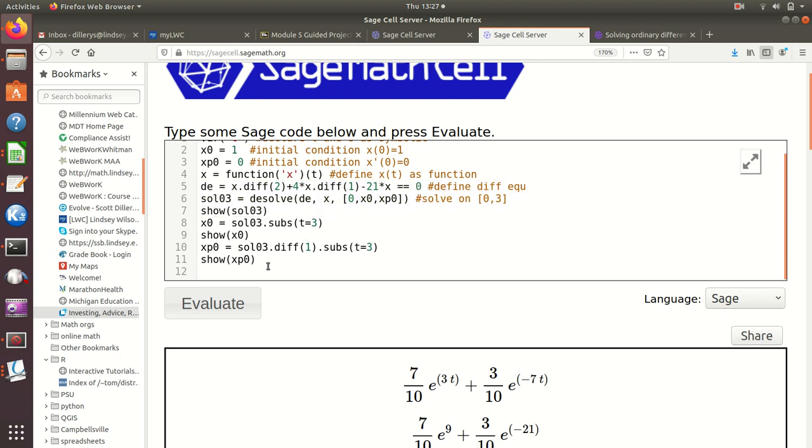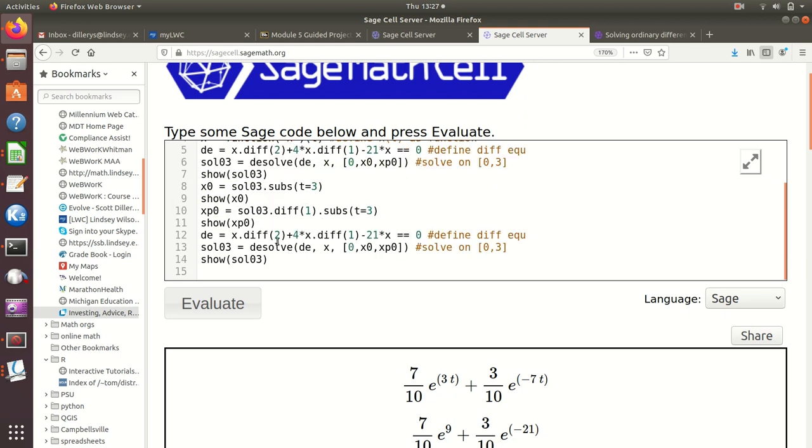But I'm going to make a couple of changes. So I put that in here, the differential equation again, but this time it's 1. And now I don't start at 0 anymore. Now I'm starting at 3, but I've already changed my initial values for the function and the derivative, so that's good.